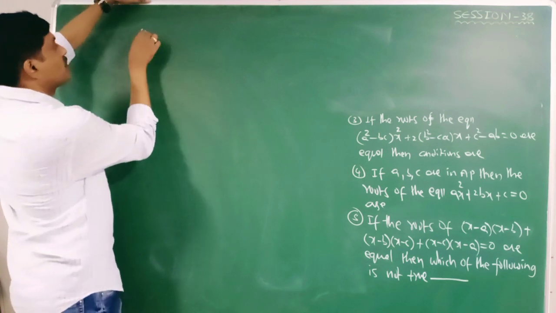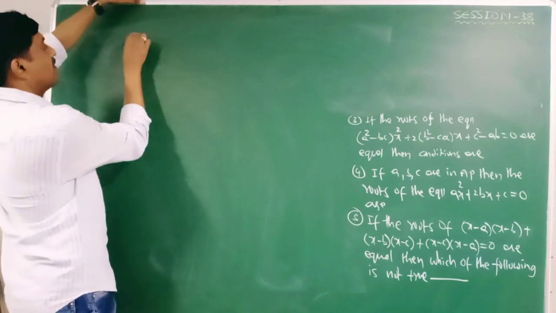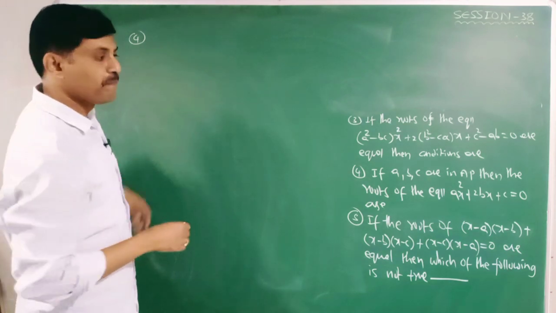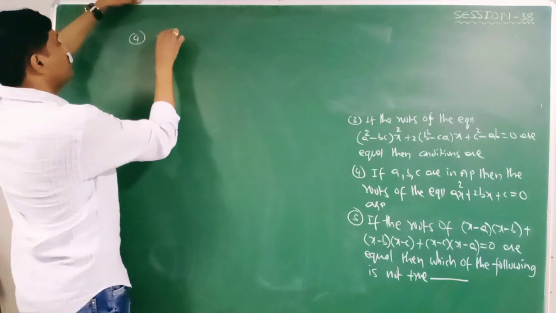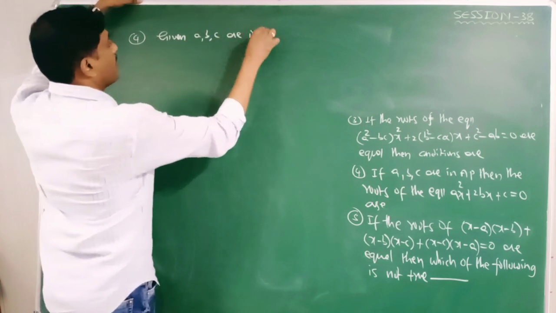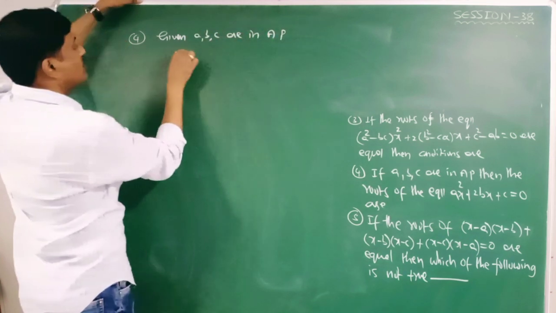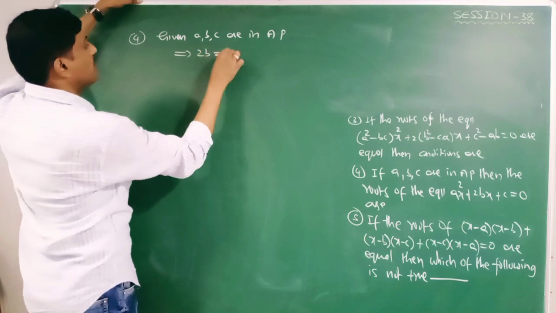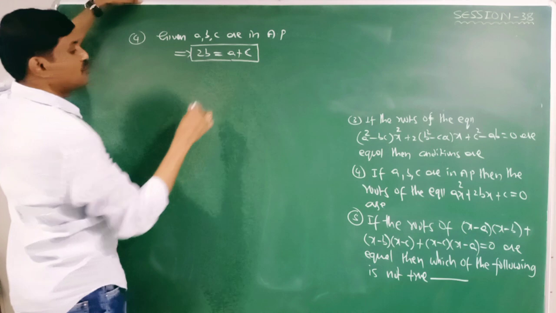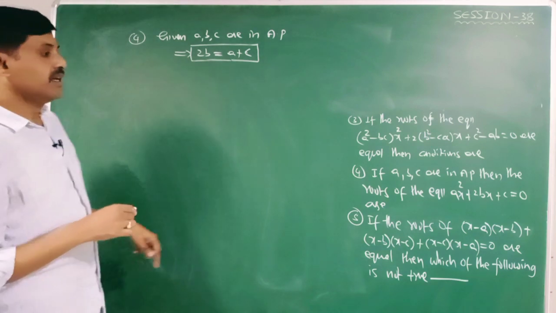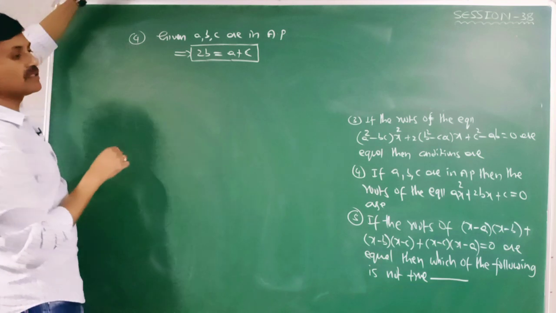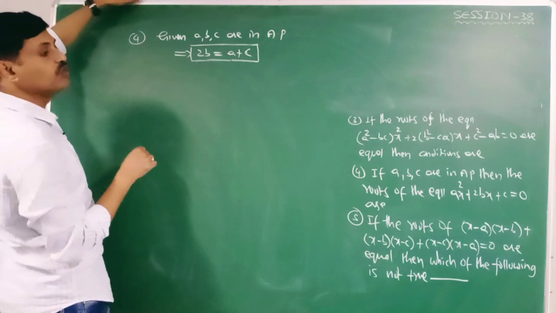Move on to the next question, which is the fourth question. Given a, b, c are in AP, in the sense 2 into the second term, that is 2b = a + c. He gave this condition. Then what are the roots of the quadratic equation ax² + 2bx + c = 0?